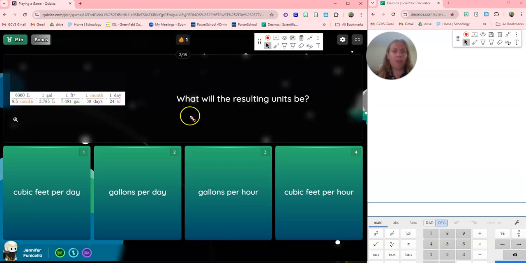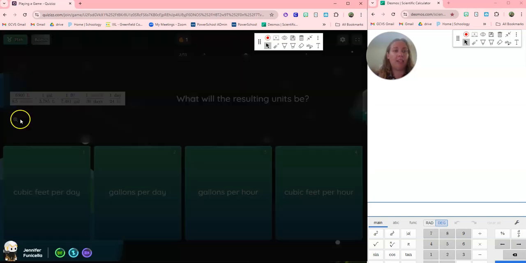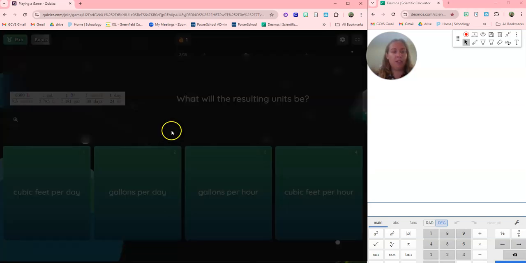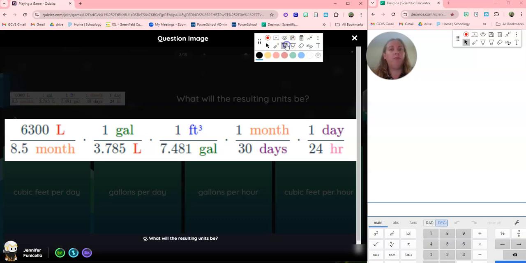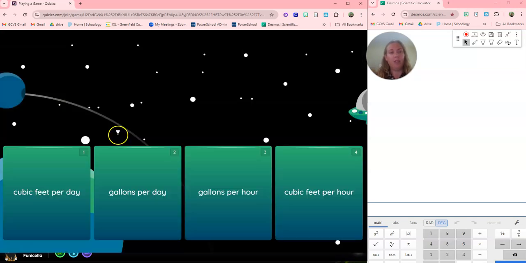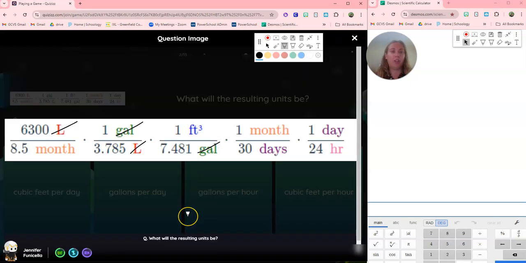So this says, what will the resulting units be? You can hit this magnifying glass to make it bigger. There we go. So our liters are going to cancel. Our gallons are going to cancel, one on top, one on the bottom. Here's month canceling out. It's like we're finding the pairs to see what's left over.